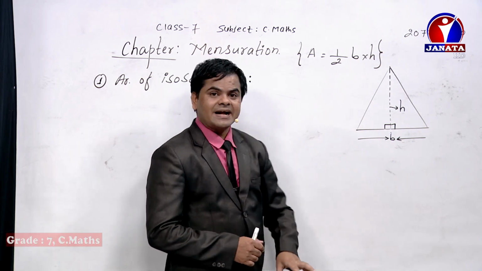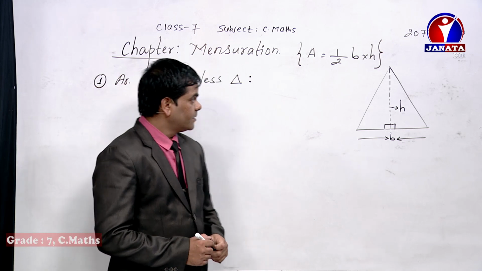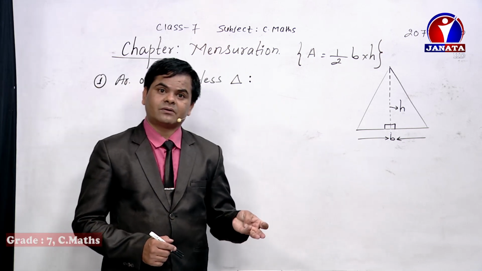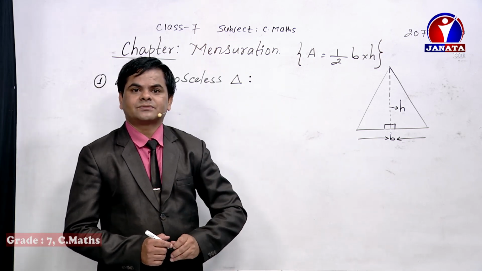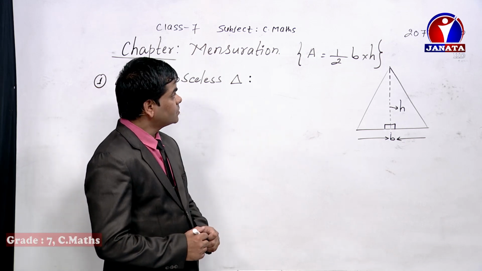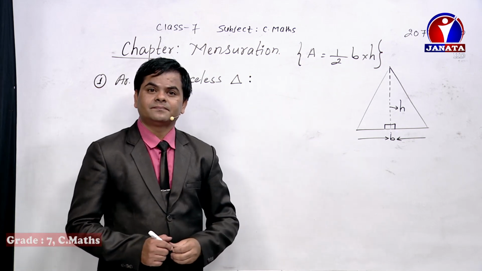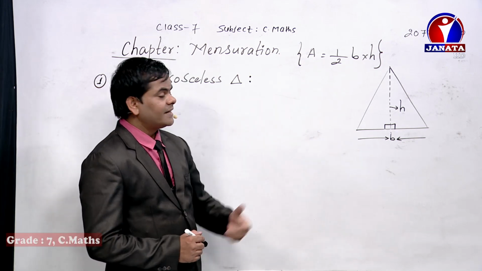By using it in a triangle, many formulas can be derived for other figures, for example rectangle, square, and then equilateral triangle, right angle triangle, and so on. Today I also told you to focus on this formula, 1 by 2 base into height.